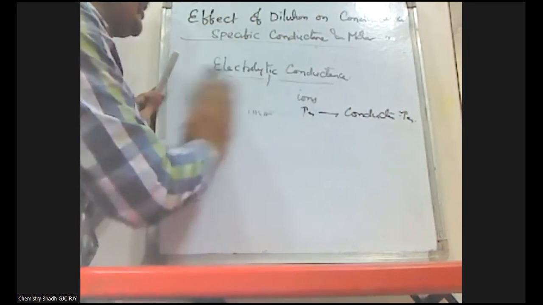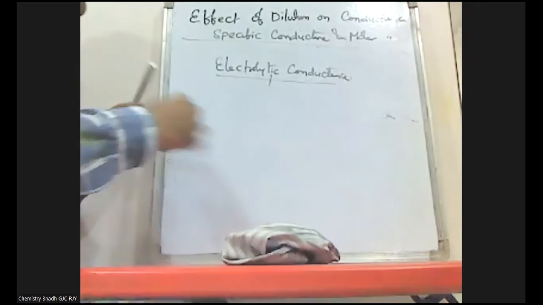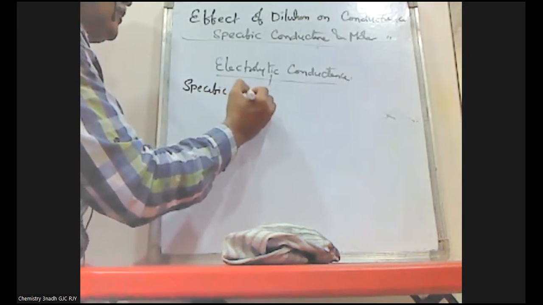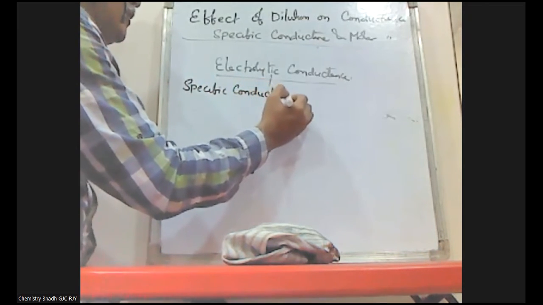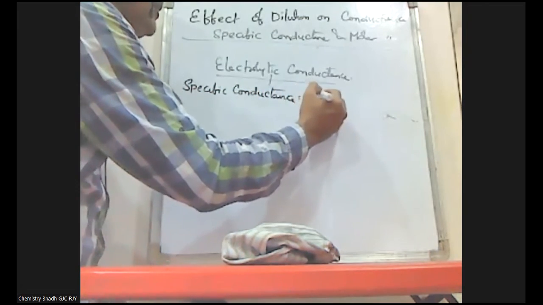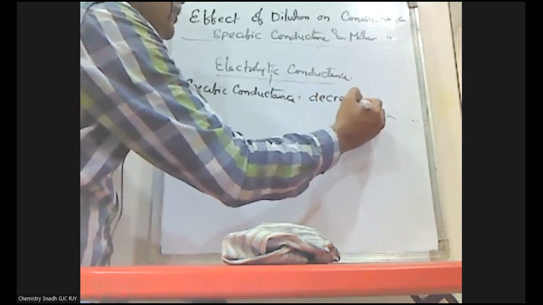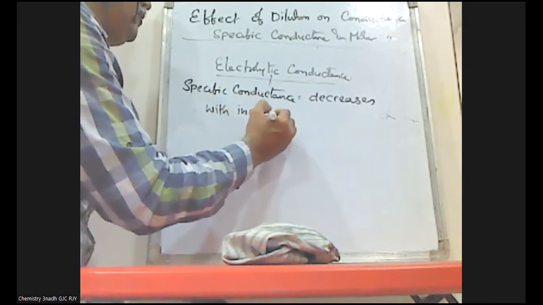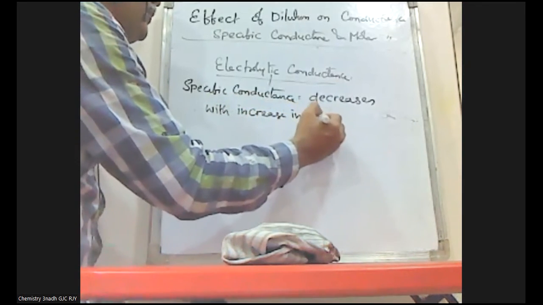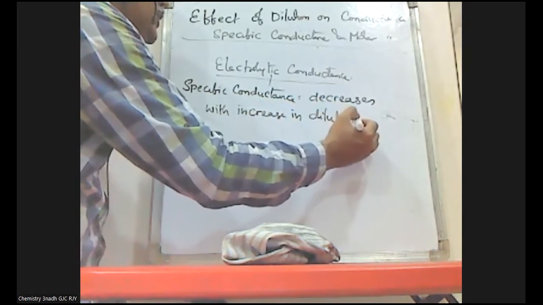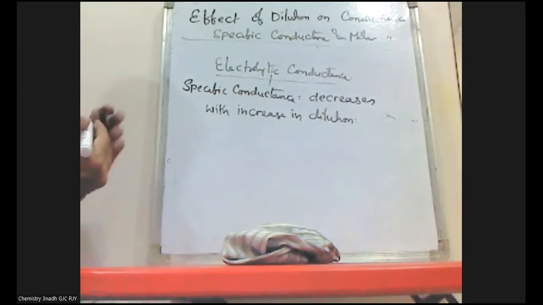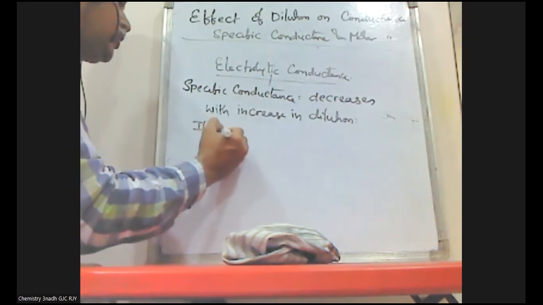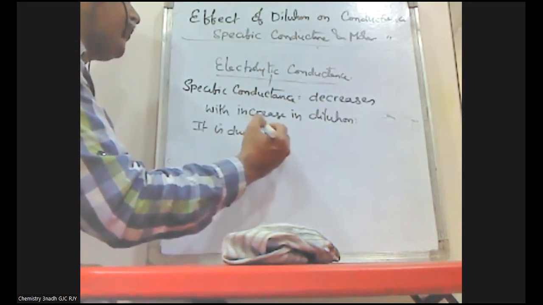What happens to specific conductance? Specific conductance decreases with increase in dilution. Why is it decreasing?